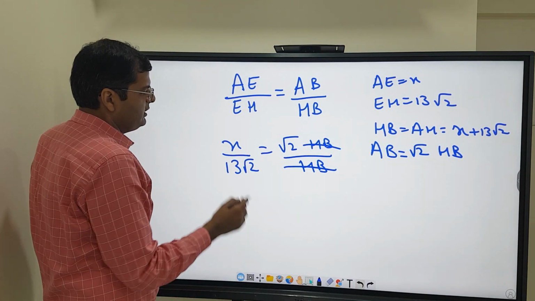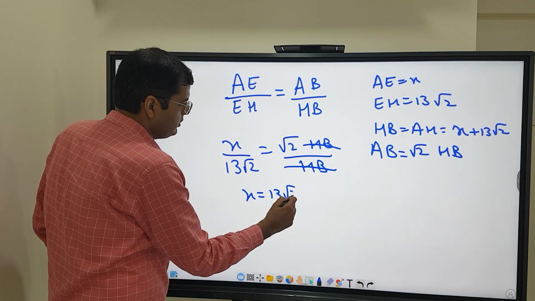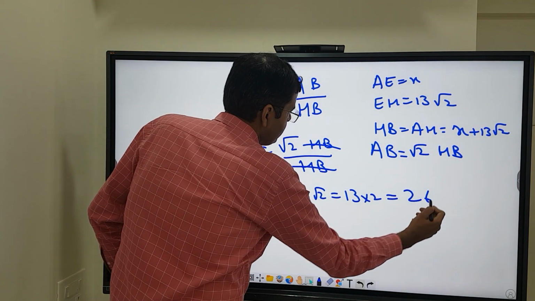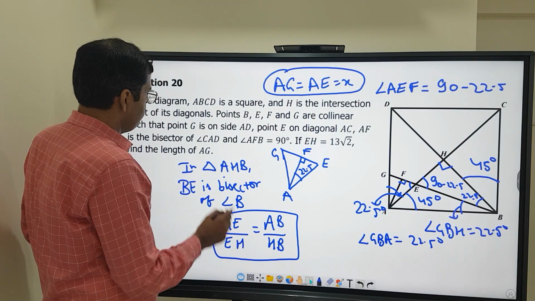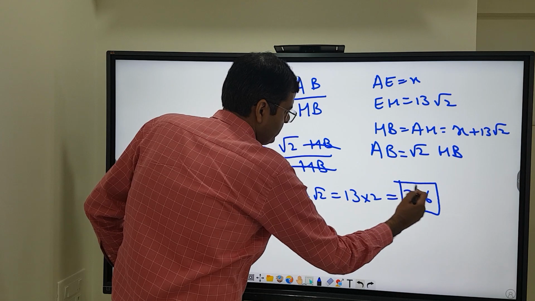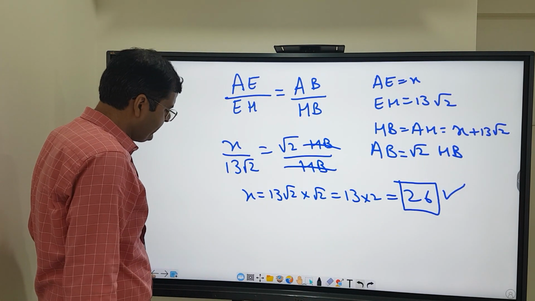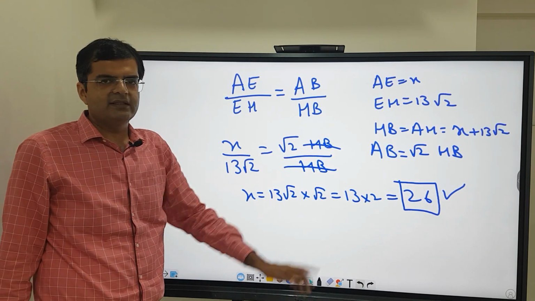HB cancels out, so X upon 13 root 2 is equal to root 2. So X is equal to 13 root 2 into root 2, which is 13 into 2, equal to 26. Length of AG equals 26, and 26 is the right answer here. It was quite a complicated question, but a doable one.